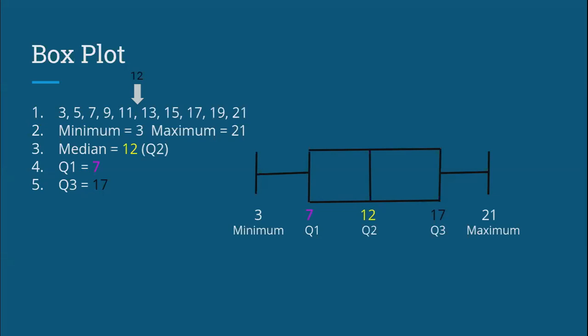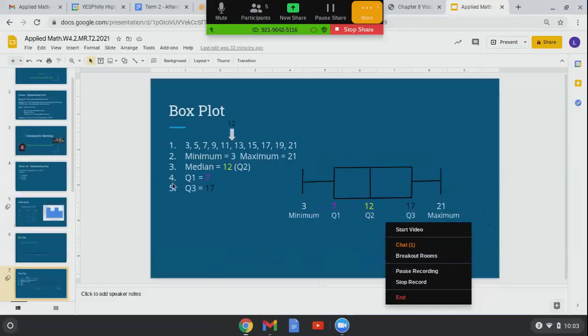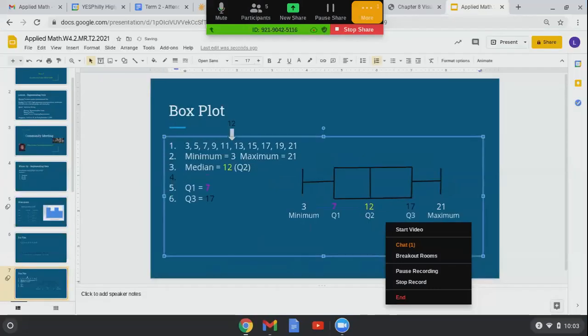Anybody still need me to stay on box plot? You need me to add something to the slide? Would it help if for this median piece, it was 11 plus 13 divided by 2.